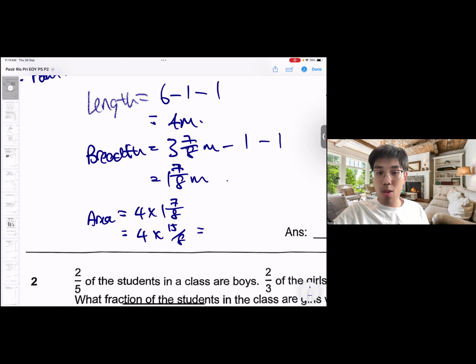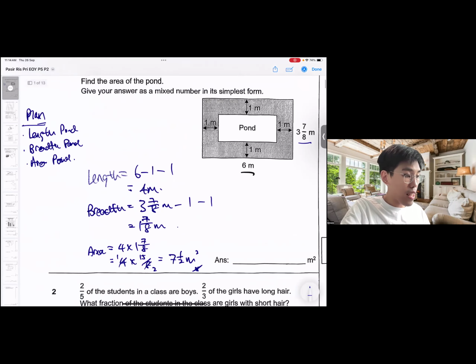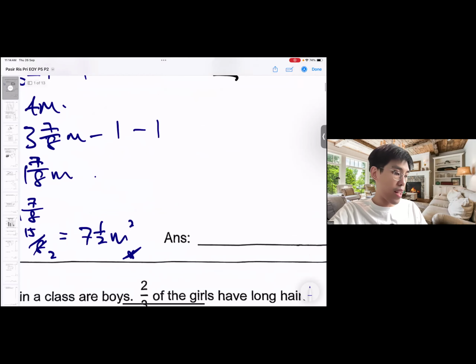But before we do that, do you see that there are certain things that we can cancel and simplify? The 4 and 8 can be cancelled and simplified. So I'm left with 15 over 2. 15 over 2 is 7.5. Or you can just write 7.5 meter square. That's my answer. For this, give your answer in the mixed number in the simplest form. Good, 7.5.